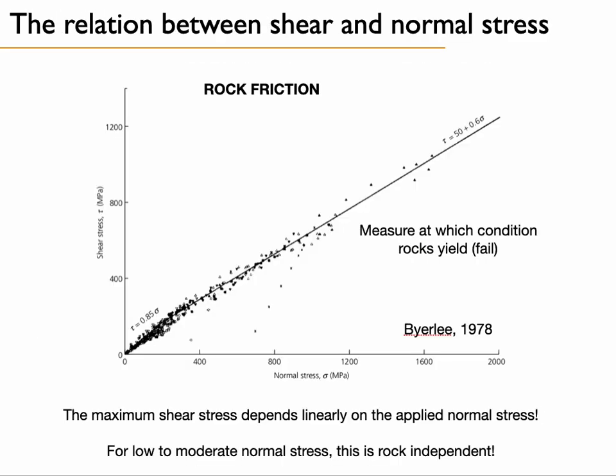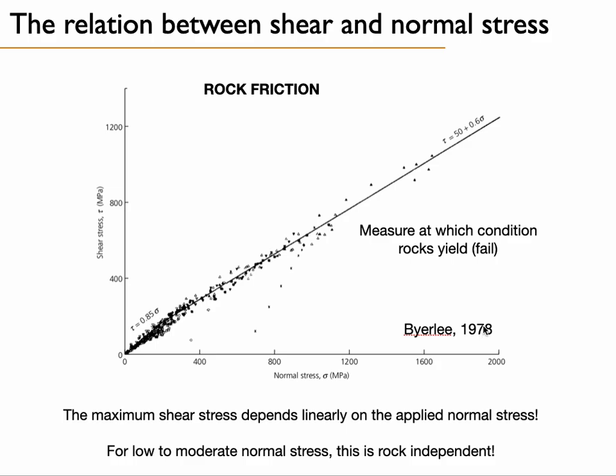So in plasticity, one often uses this relationship for rocks, and this is called a frictional law. This is the friction law introduced by Byerlee in 1978.